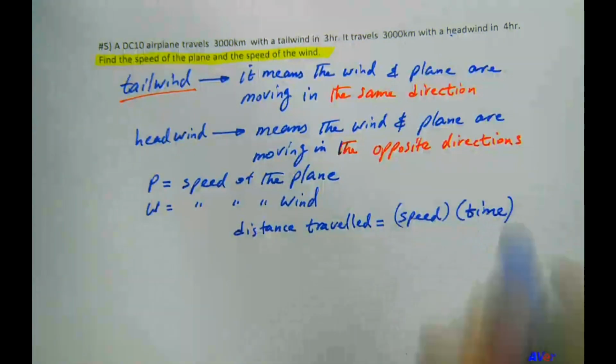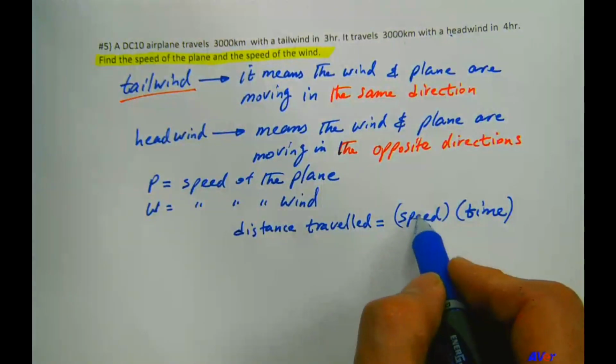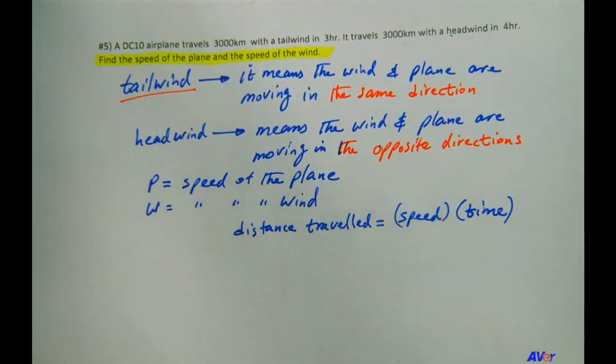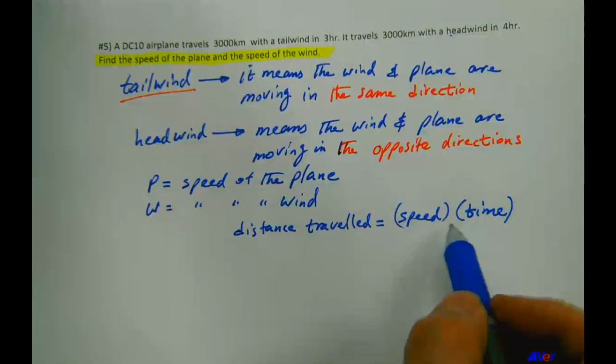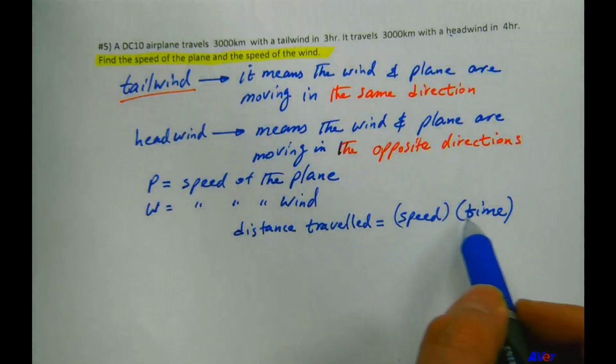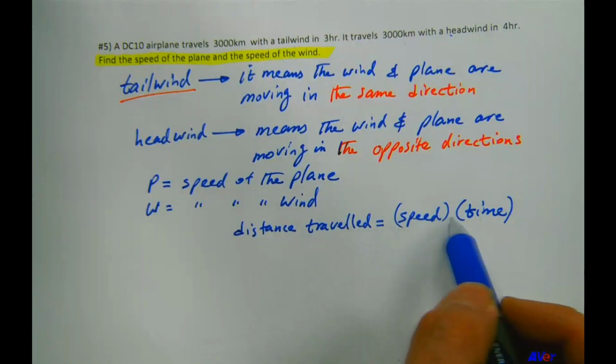Okay? How long the plane has been going times its speed, which is what we're looking for, gives us the distance that it traveled. But in this case, the distance traveled is the same. Okay? It's 3,000 kilometers. But certainly the time it took for the plane to travel this was not the same, right?